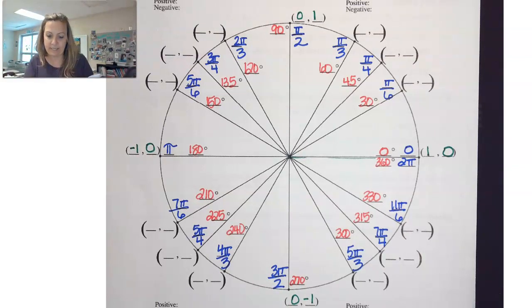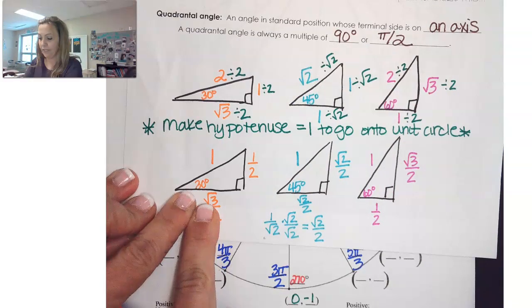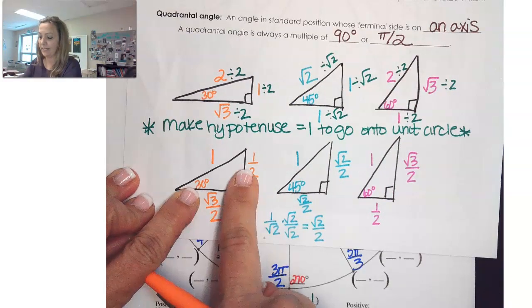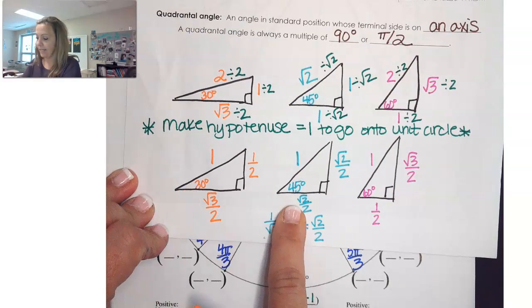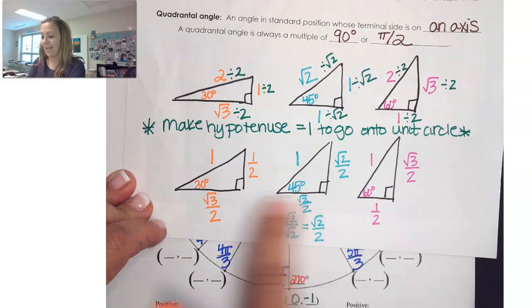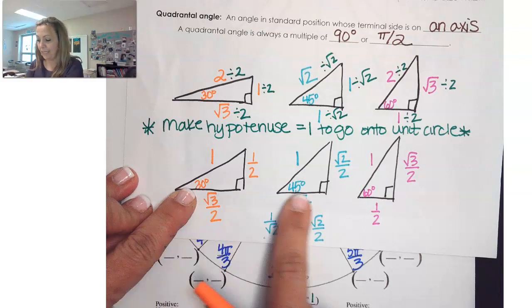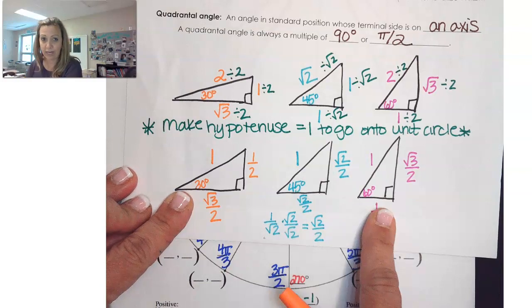So what we did, I'm sorry, let me pull this out, is we drew some 30, 60, 90, a 30-degree angle, so 30, 60, 90, a 45-degree angle, and then another 30, 60, 90 focusing on the 60-degree angle. And we have like the short triangle, the medium triangle, and the tall triangle.